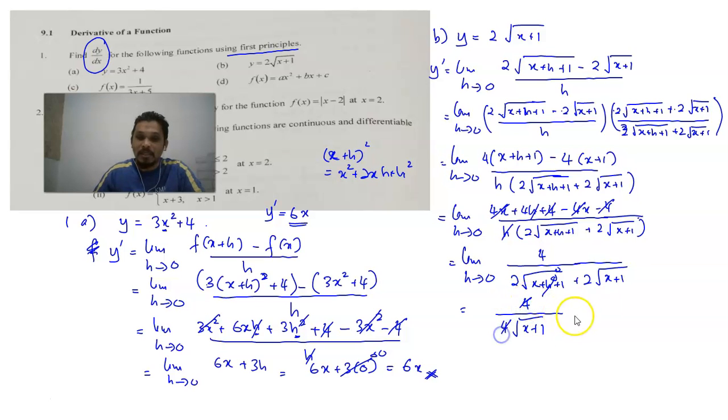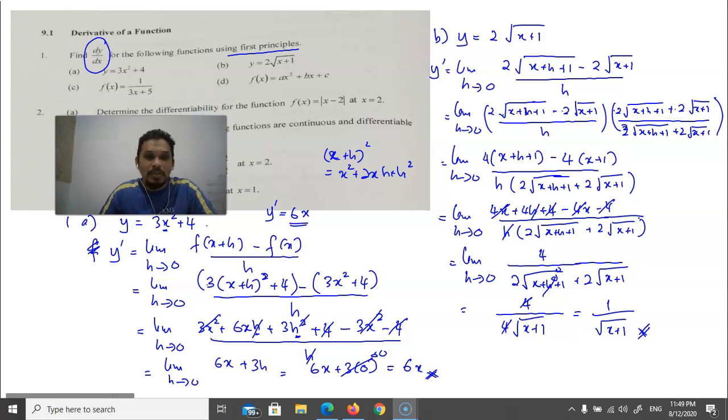Then divide by this, come out with 1 divided by square root of x plus 1. Okay, so I showed you the solution for question A and B. Then please continue with question C and D and question number 2.